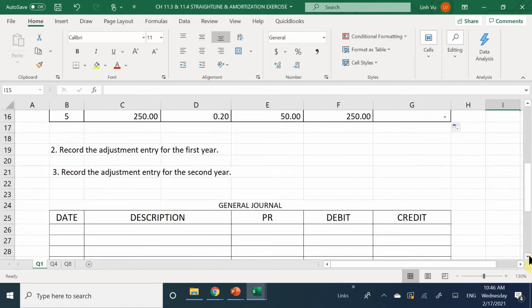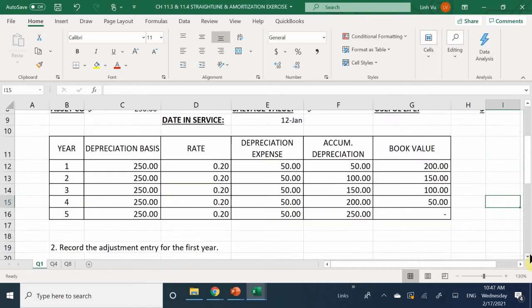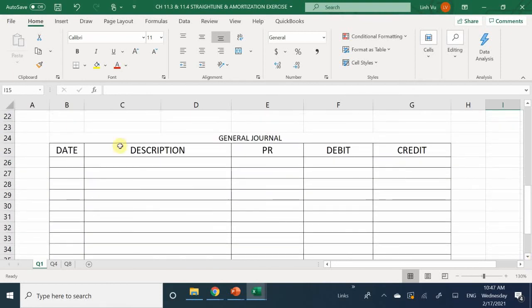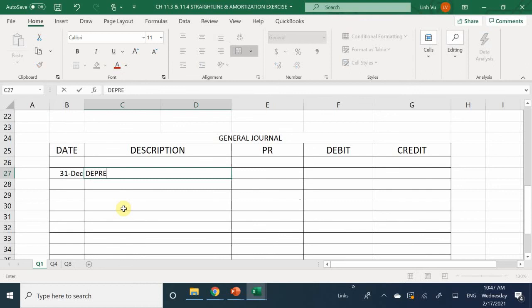All right? And then here's the question here. Journalize the transaction for the depreciation for year one, the first year, and for the second year. So assuming that we ended on December 31st, what is my journal going to be? Depreciation expense, right? And then what's my credit?